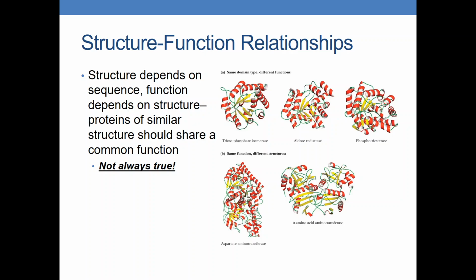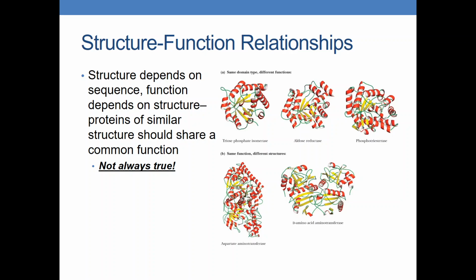That cannot happen if you do not have a structured enzyme. So structure dictates function. Now, this is interesting because what this has turned into is often people will look at the structure of an enzyme and assume that other proteins that look like it have the same function. So they say that proteins of similar structure should share a common function. But this is not always true.